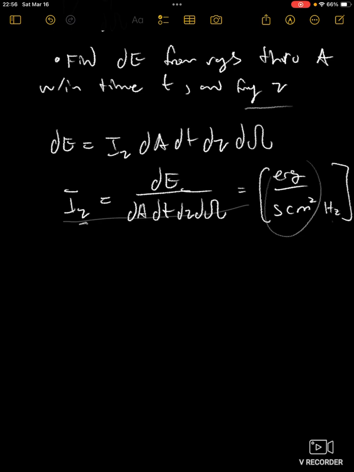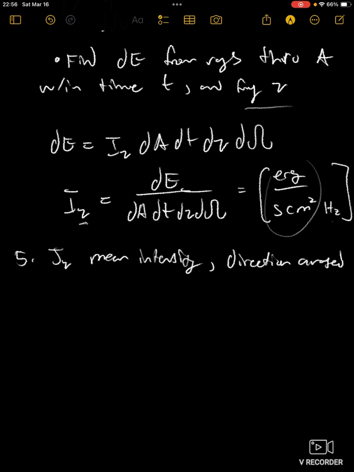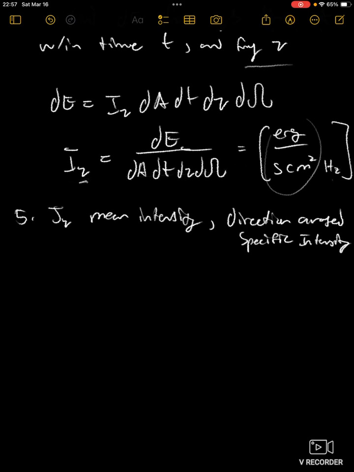So perfect. Let's wrap this up by talking about J nu briefly, which is the mean intensity. The mean intensity is the direction-averaged specific intensity. What does that mean?